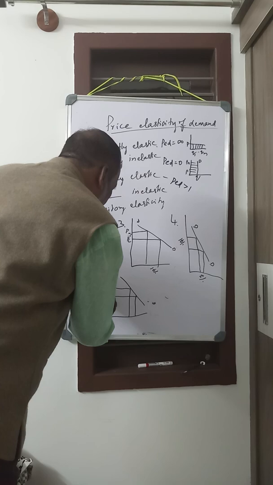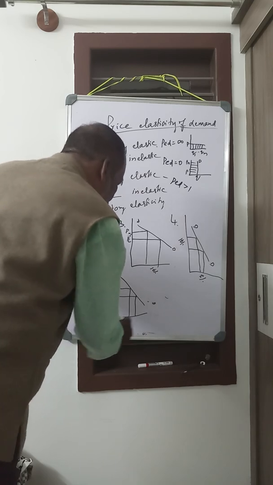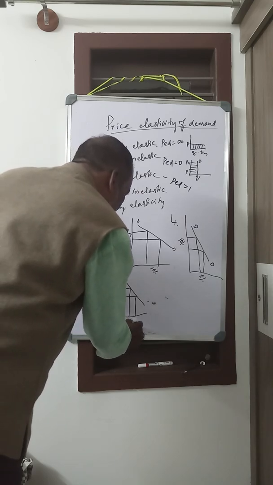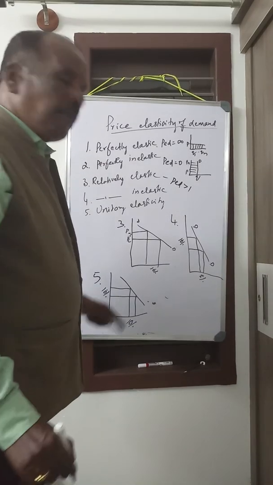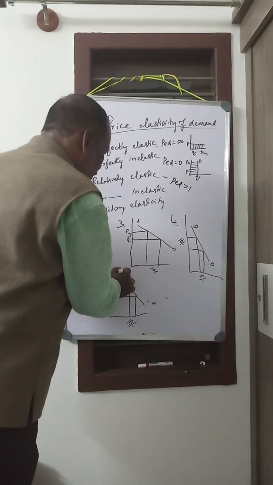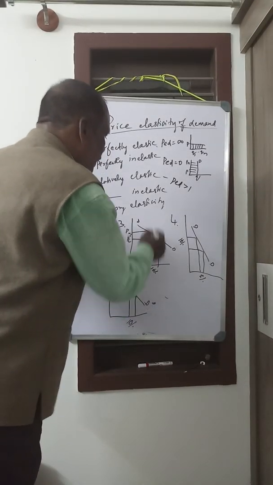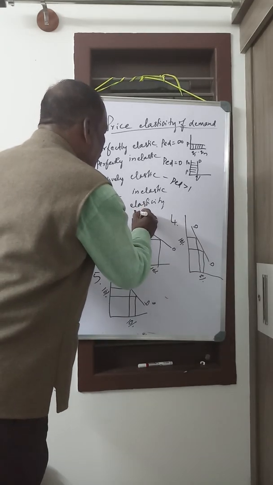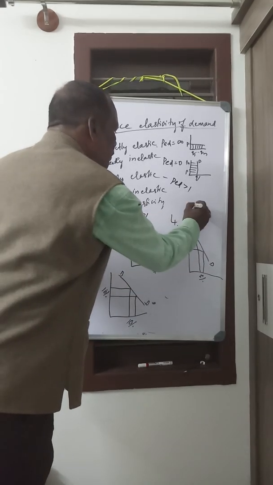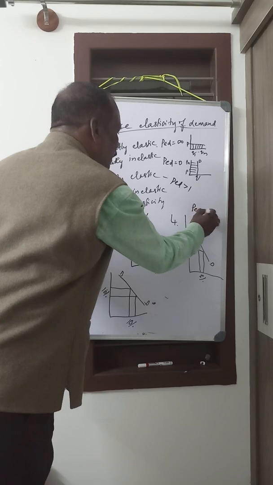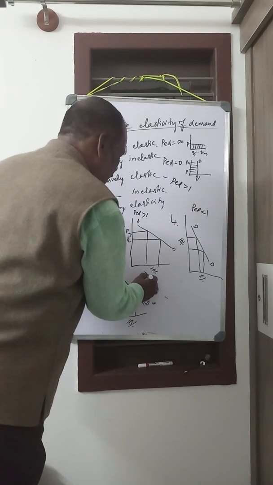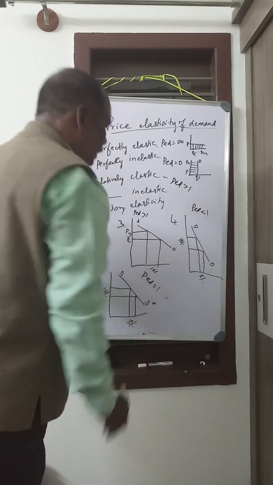And coming to the unitary, that is 5. So 10% of change in price leads to 10% of change in demand. This is the demand curve. Here PED is greater than 1, PED is lesser than 1, PED is equal to 1.